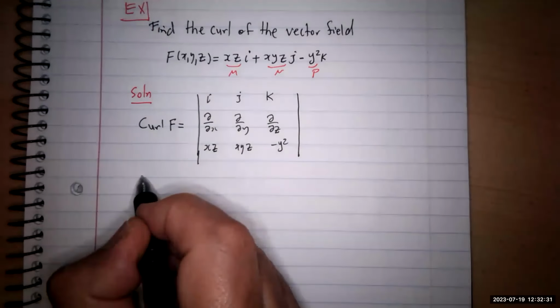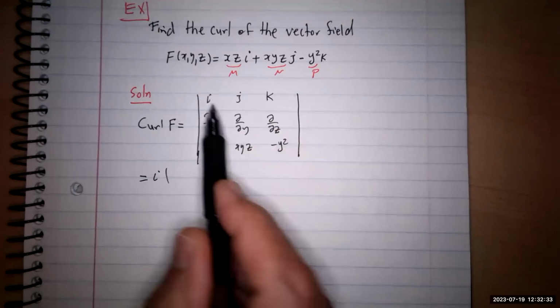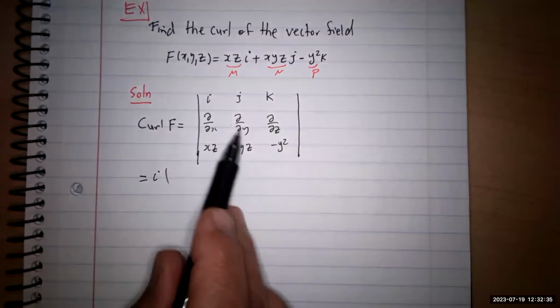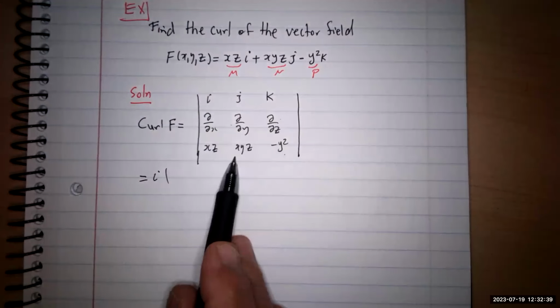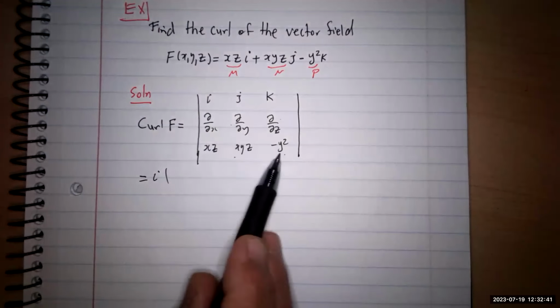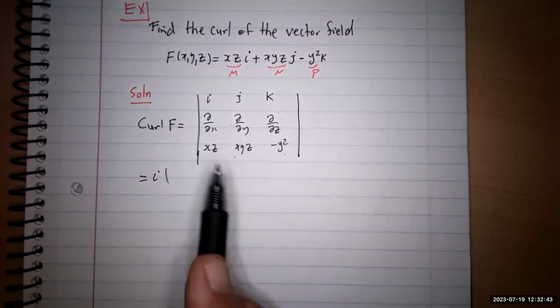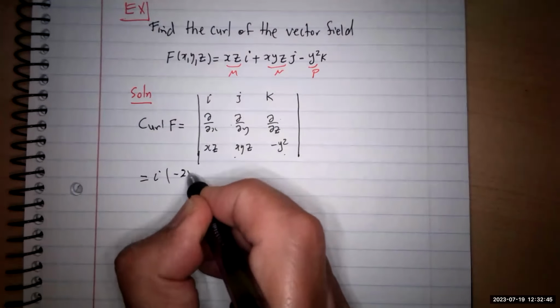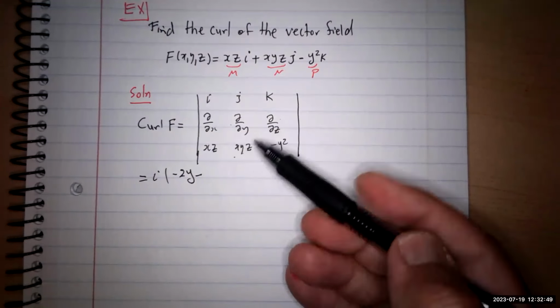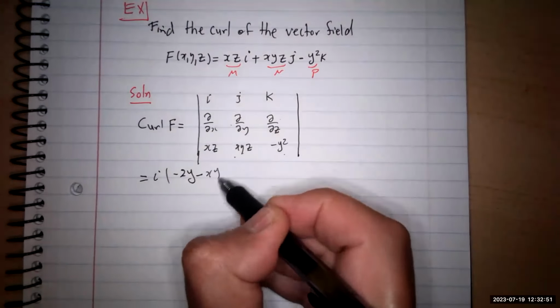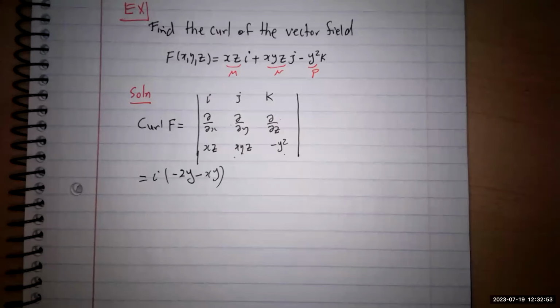To find it, it is equal to i times the cross multiplication: derivative with respect to y of the negative y squared would be negative 2y, minus derivative with respect to z of xyz, which would be xy. That's the first one. Any question?